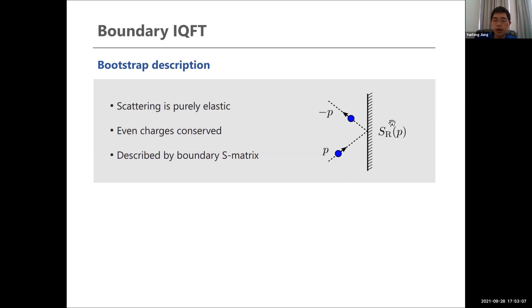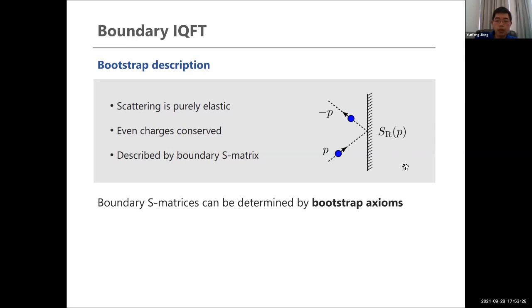So to summarize, if we introduce the boundary and we want to use the bootstrap description, then we need to specify what the boundary S matrix is. So how do we determine the boundary S matrix non-perturbatively? The idea is exactly the same as in the bulk. Namely, we can impose a set of bootstrap axioms.